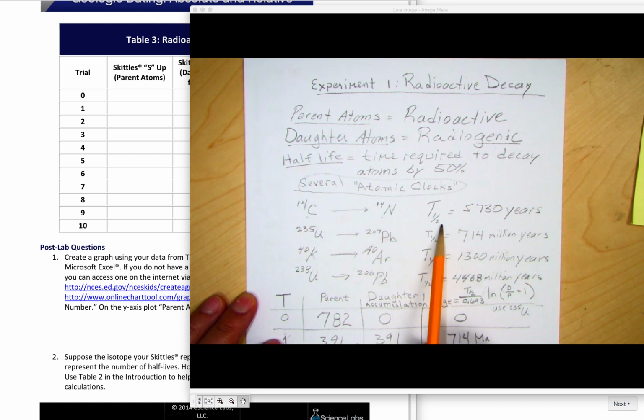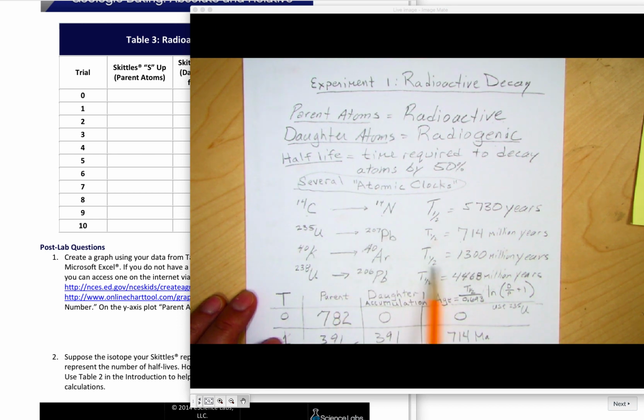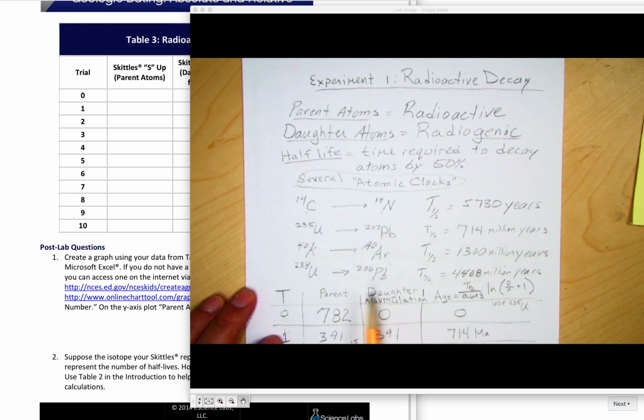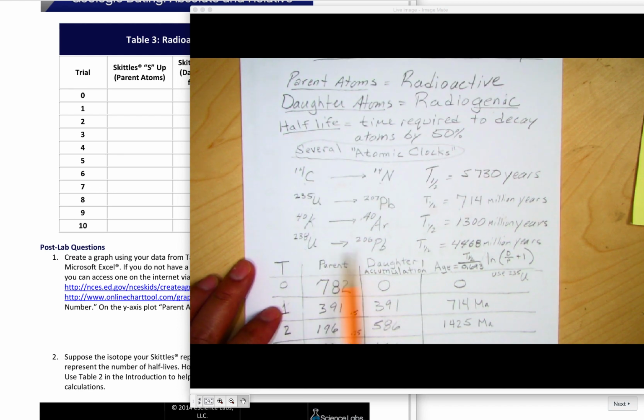Remember, it's T1/2. That's its half-life. How long it takes for the parent atom to decay by 1/2 is 5730. There's uranium-235 to lead-207. Its T1/2 is 714 million years. And then there's potassium-argon, T1/2 of 1300 million years. And then the uranium-238 to lead-206 of a T1/2 of 4468 million years.